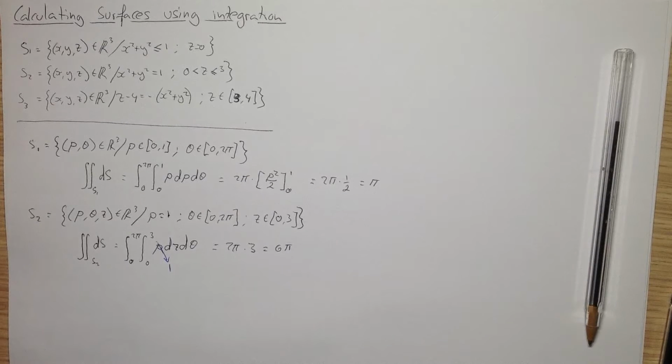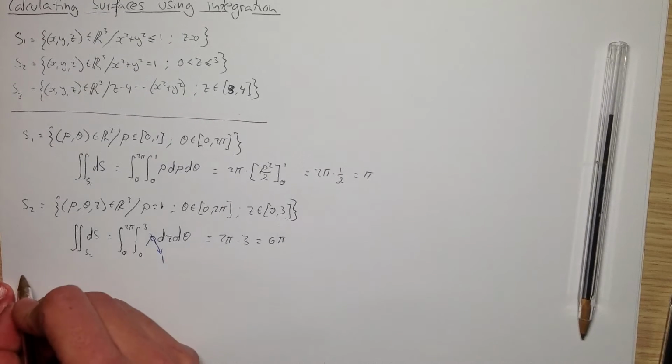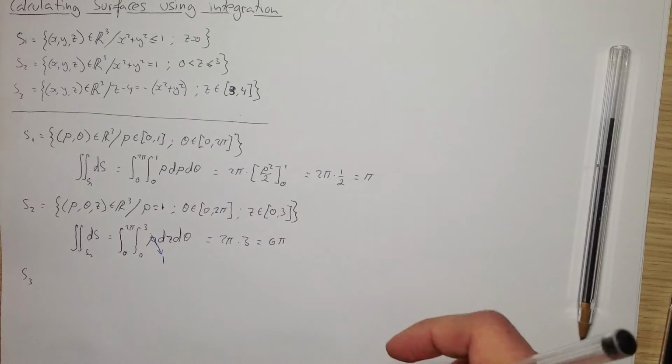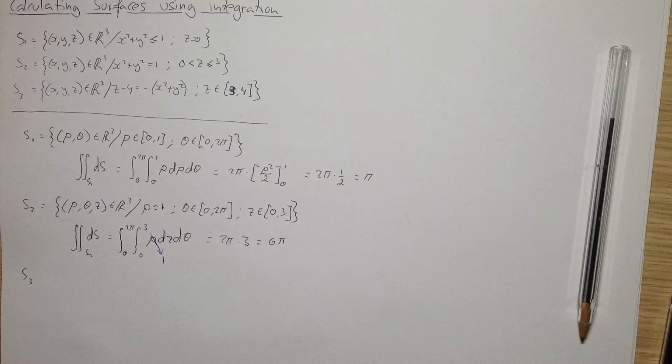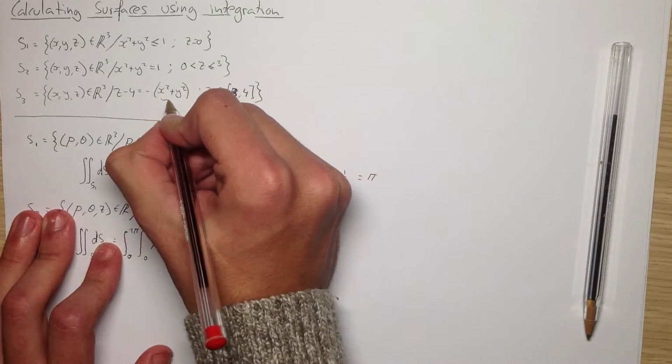Alright. Now let's go on to third domain, S3. Previously we were talking about how do we know what the shape of this strange, more or less, domain is going to be like. So, as we've seen before, x squared plus y squared is rho squared.